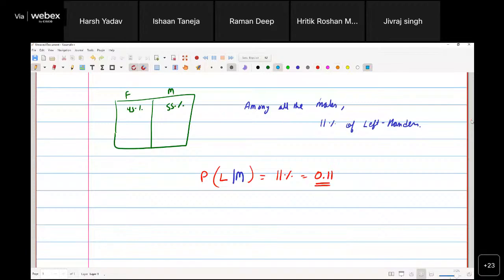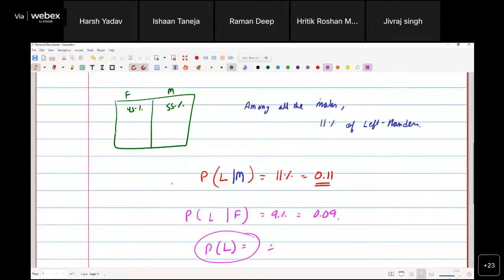Similarly, among all the females means my new sample space is only females. Now I'm talking about only females. Getting a left-handed is 9%, 0.09. And you need to find the probability of a left-handed, right? So that's what we can do. We did it, right, orange region and yellow region. You can go back on YouTube and check.